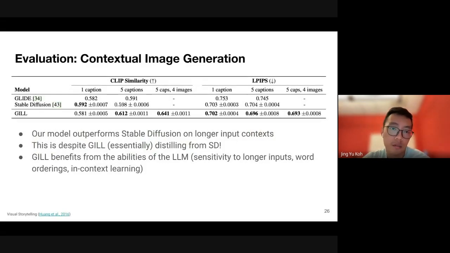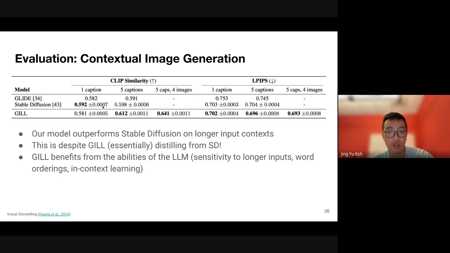So we measure performance on this task by measuring CLIP similarity and LPIPS. The evaluation here is how closely aligned the generated image is with the ground truth image. The higher the CLIP similarity, the more relevant a generated image is compared to the ground truth. And we find that when you just have one caption, Stable Diffusion actually outperforms our model slightly.